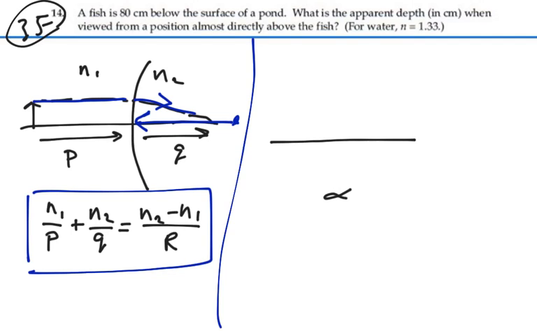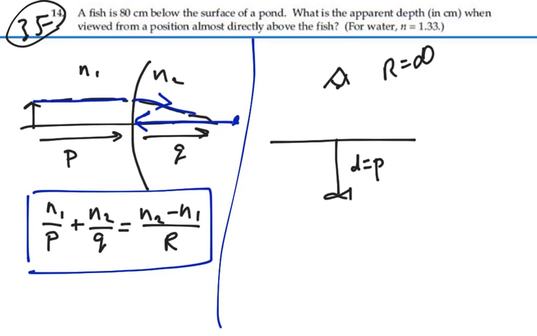if we have a fish below the surface and the fish is the object, so our object distance is the depth, and we are the observer over here. In this case, the radius of curvature is going to be infinity.